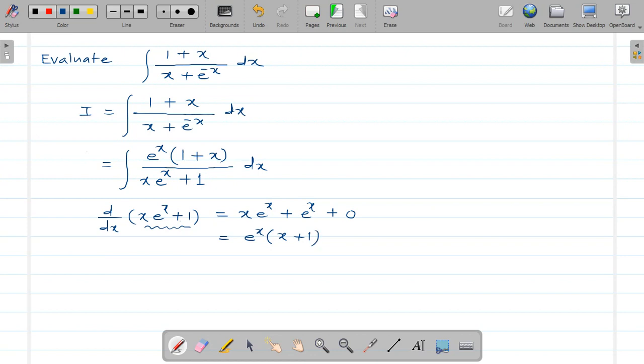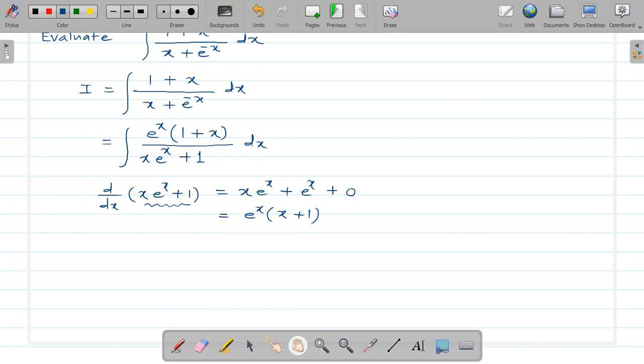Now observe the integration that you are going to evaluate. Here the denominator is x e^x + 1 and its derivative is e^x into bracket (1 + x). So the given integration, after this observation, is in the form of f'(x) upon f(x). The denominator is f(x), x e^x + 1, and its derivative is there in the numerator.